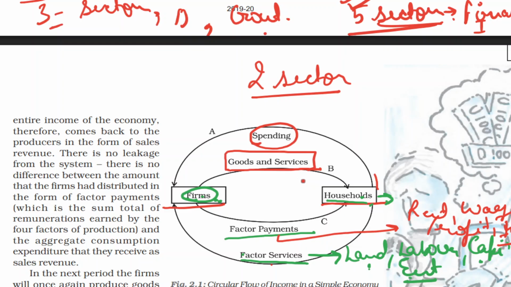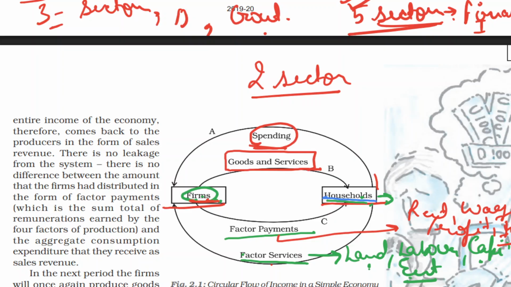How will you be spending on them? If you want to purchase a car, you will be spending money to purchase a car. You want to buy a pen, you will go to a shopkeeper or any production part to get that thing, so you will be spending to buy that, right? So did you understand the circular flow which is happening here?